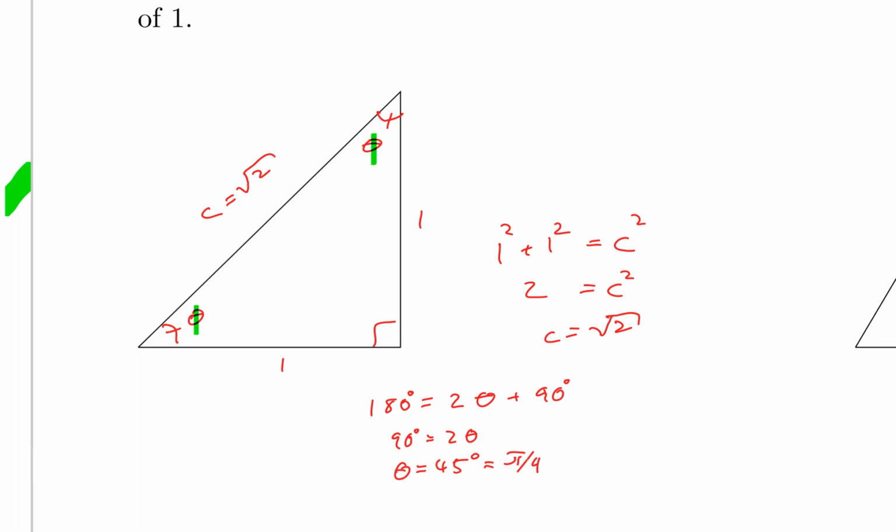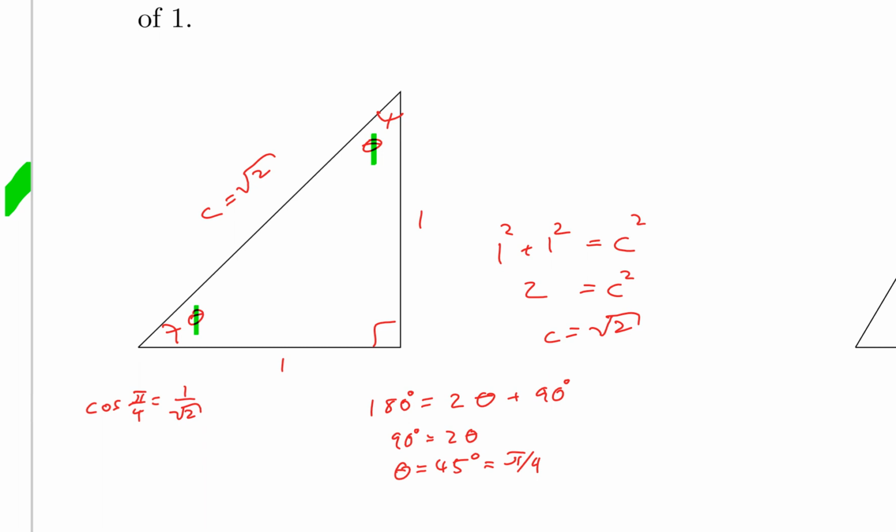So what we want to find out now is what is the cosine and sine of 45 degrees. We're going to use this to fill in the unit circle below. So cosine of pi over 4. Well, cosine is simply the adjacent divided by the hypotenuse, 1 divided by the square root of 2.